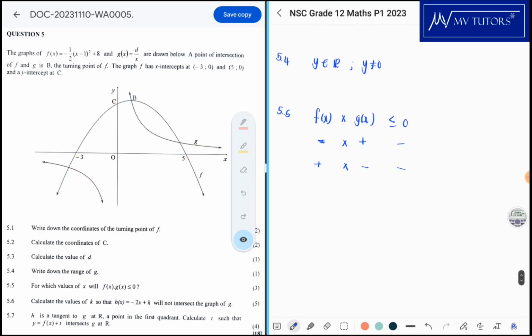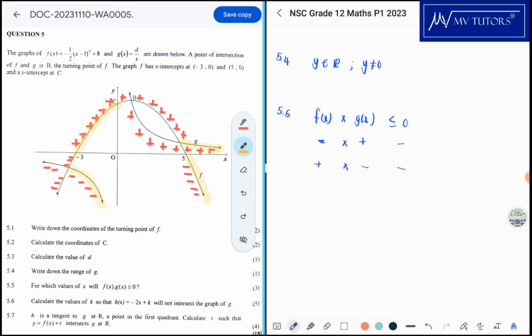All right, so when we write our answer, we're going to say from negative 3 up until 0, where we have our asymptote. Okay, and we're going to use a square bracket because we have smaller or equal to. So from negative 3 all the way to 0, and 0 cannot be included because that is where the asymptote is. Okay, so basically those are the values of x.